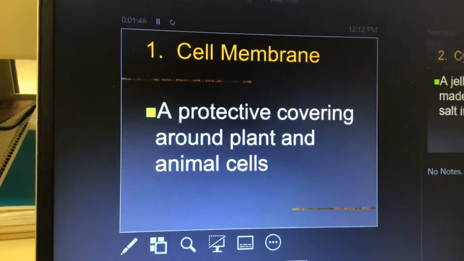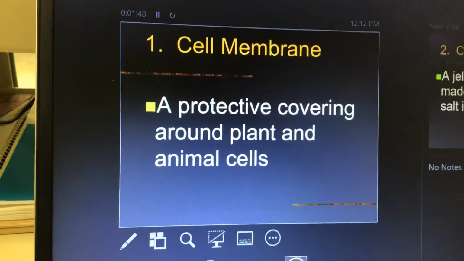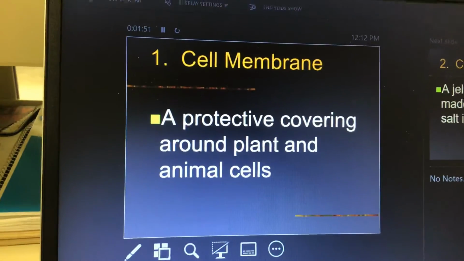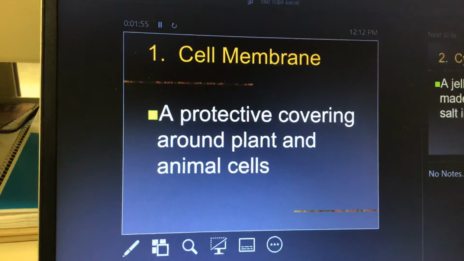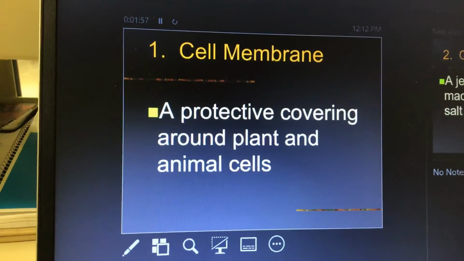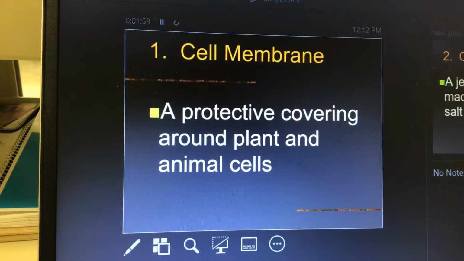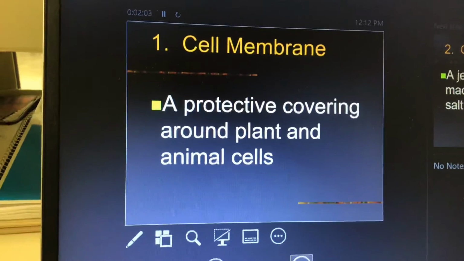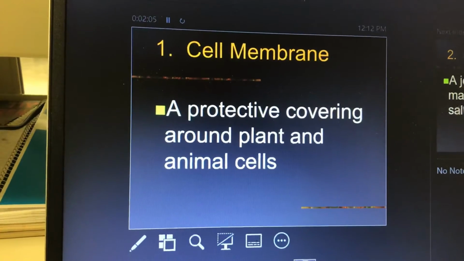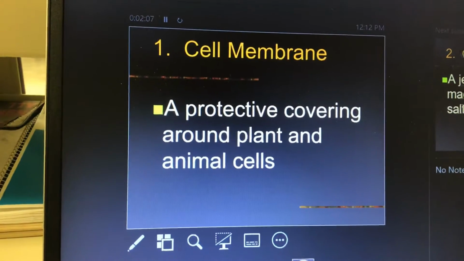Cell membrane, a protective covering around plant and animal cells. And if I go too fast, just pause it and write this down. A membrane is any kind of covering or coating.